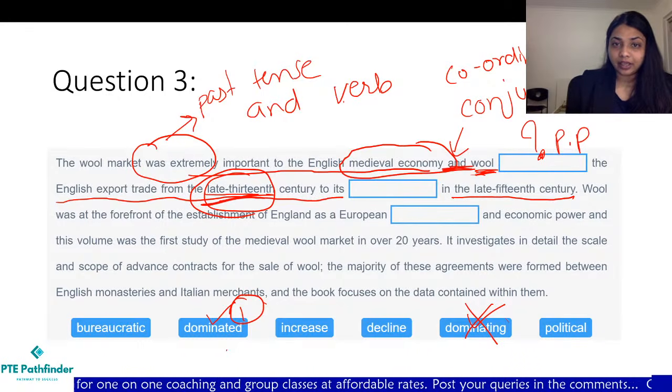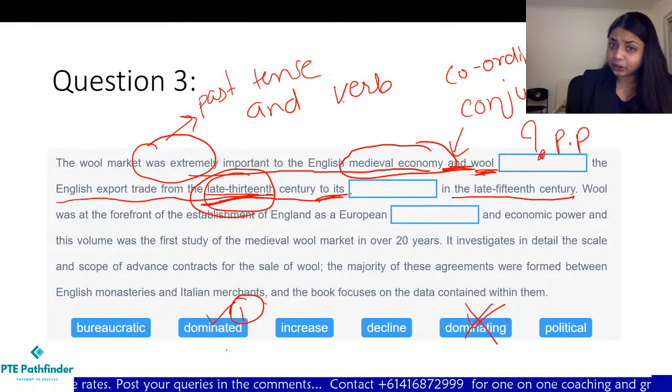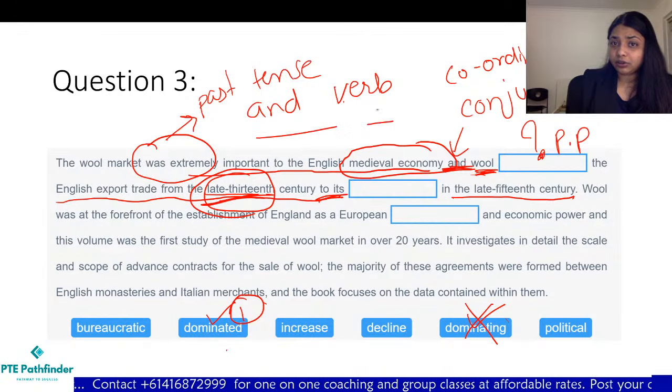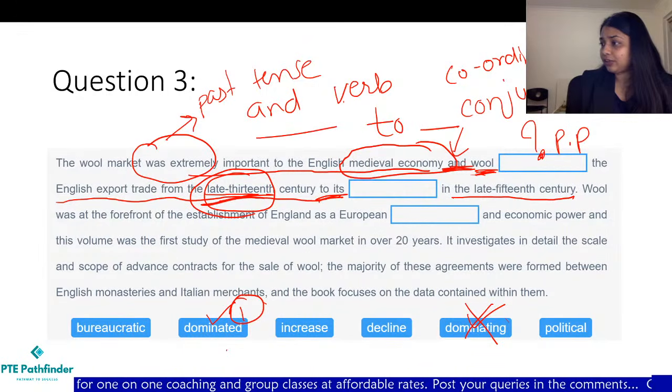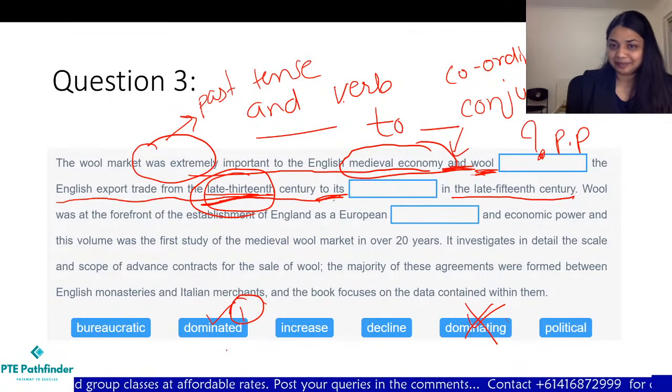So that's why. Now it says to its, so it dominated the export from the 13th century to its dash in the late 15th century. So we lead something to something, right? So dominating to decline. Good work, Chetan.